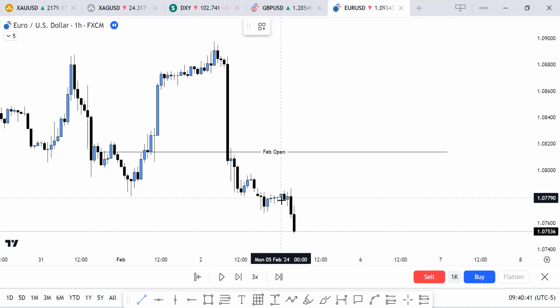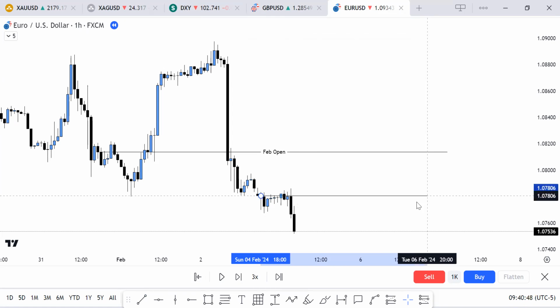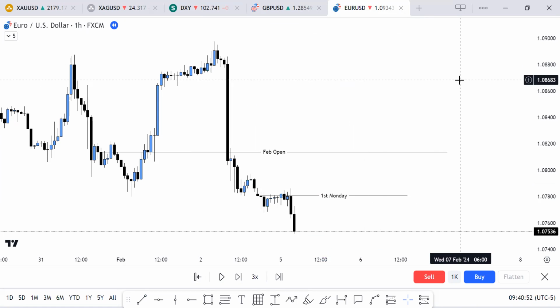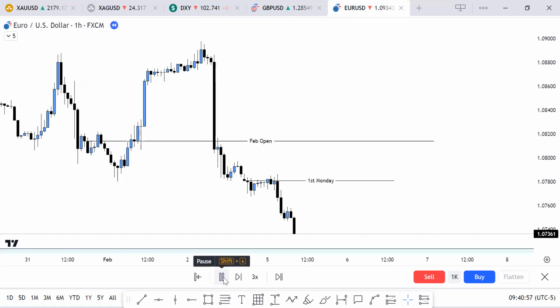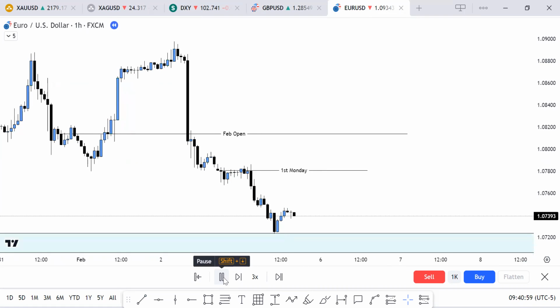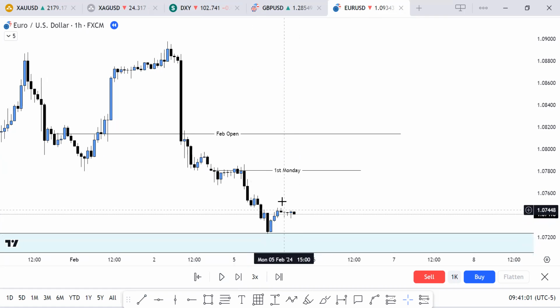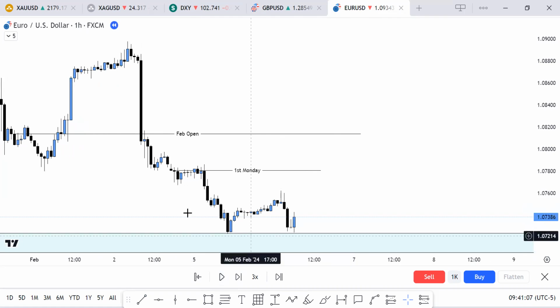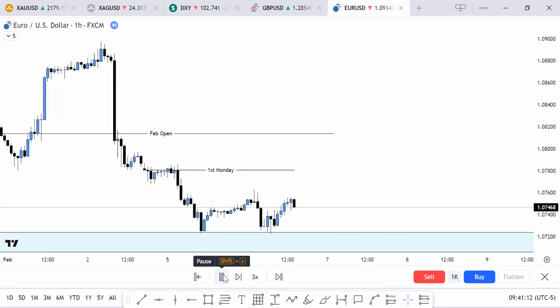First Monday, 18th. We will wait for the second Monday. Although price has tapped our key level, we will wait for the second Monday because it's where we see the original moves in the market.